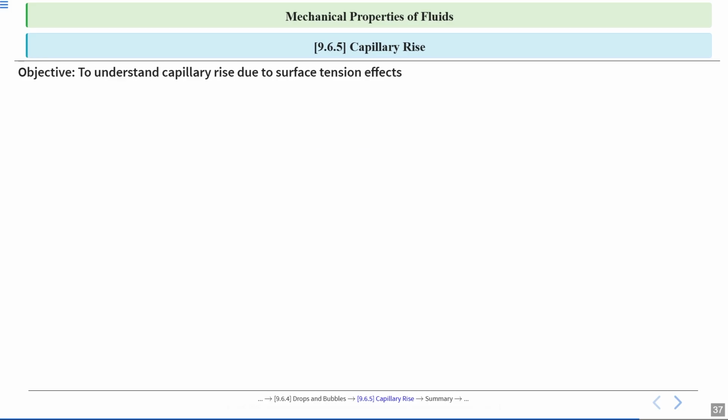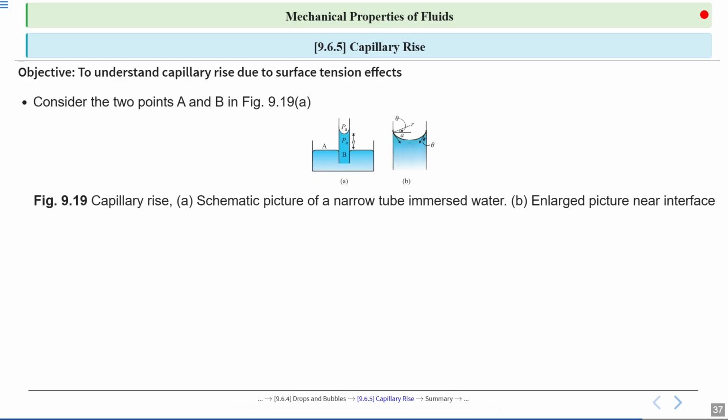Now let's focus on figure 9.19. Here we have two points A and B inside a narrow tube that's been dipped into water. So the water climbs up inside the tube forming a curved surface called a meniscus. This setup helps us analyze the forces and pressures involved in capillary rise.